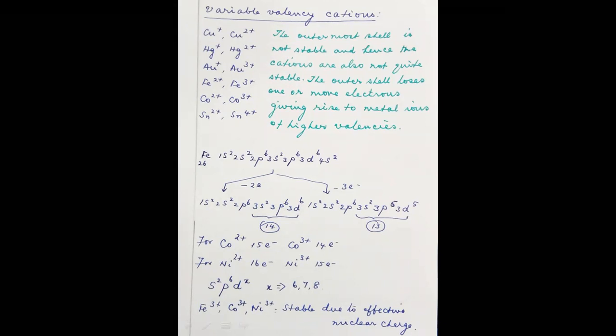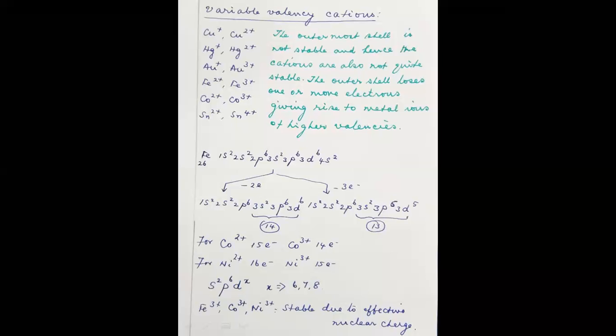And before that, oxygen, sulfur, selenium, tellurium form dinegative ions like sulfide, oxide. But if you take the transition metals, the D block metals, the outermost shell is not stable, and hence the cations are also not quite stable.